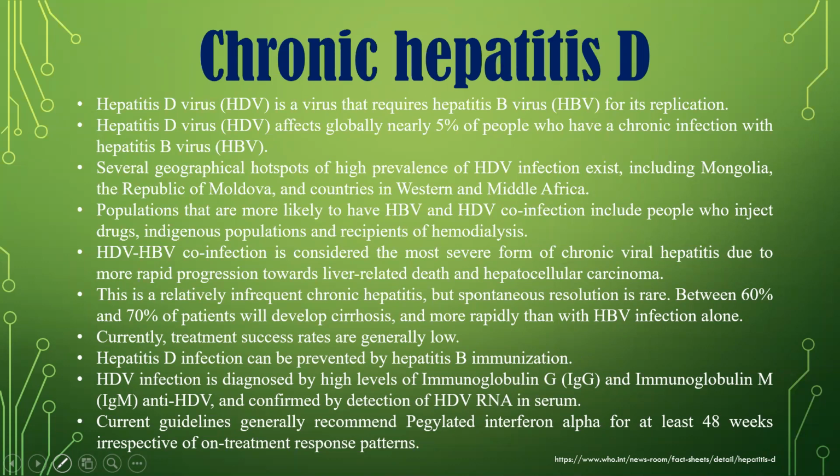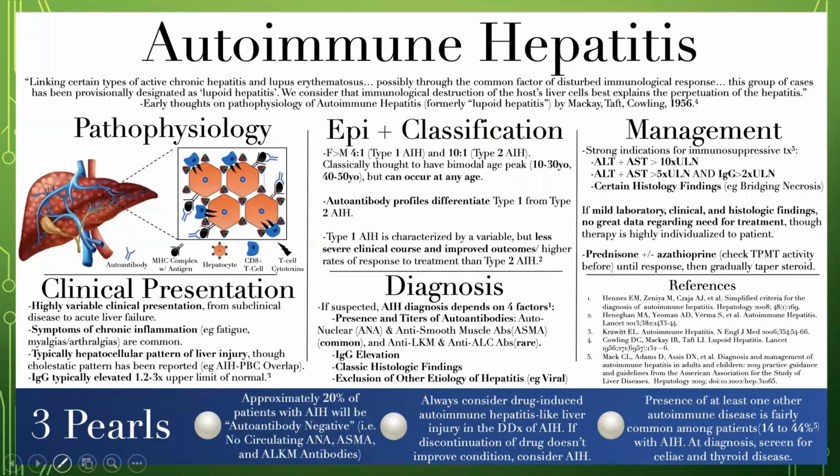Hepatitis D infection can be prevented by immunization against hepatitis B. D infection is diagnosed with high levels of immunoglobulin G and immunoglobulin M to HDV, and confirmed by detection of RNA of hepatitis D virus in the serum. Current guidelines generally recommend pegylated interferon alpha for at least 48 weeks, irrespective of the treatment response of the patient.